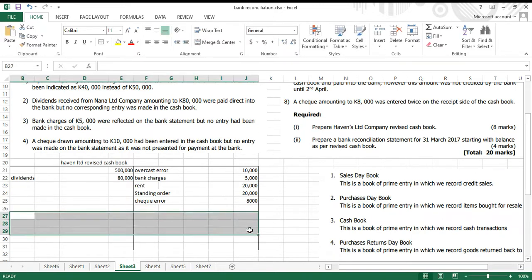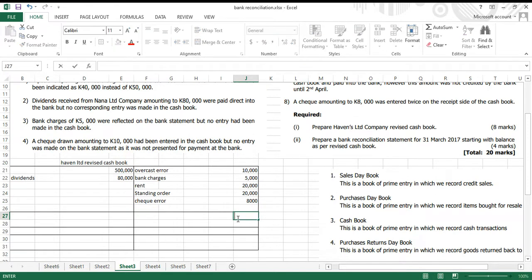Now we can find the balance of our cash book, so that we can use it for our reconciliation statement. Let's see which one is higher. It looks like the debit side is higher, 580,000. Let's find the total of our credit side, 63,000.